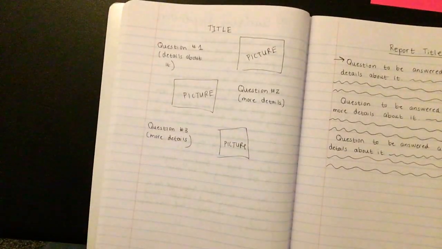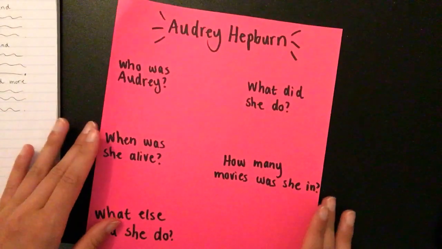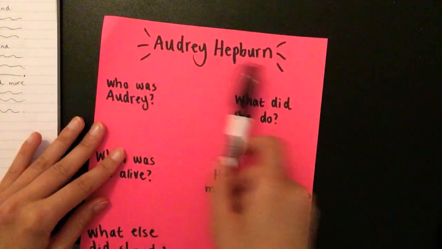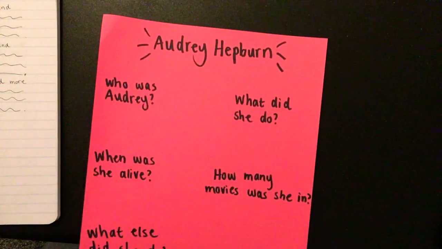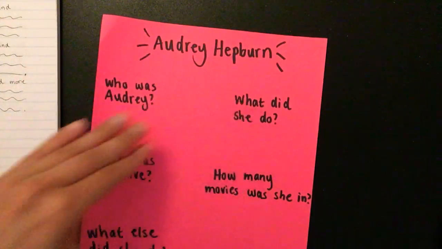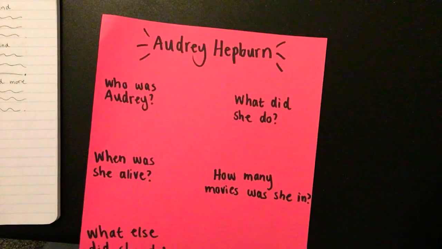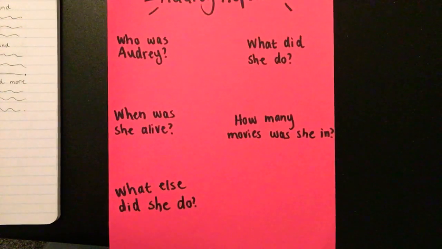It's kind of more like a newspaper article style, and then there will be pictures. So here is my visual display or poster. At the top, I wrote Audrey Hepburn because that's the title, that's who it's about. And then I wrote my questions that I answered during my research. I scattered them around the page. Now underneath them, I'm going to include the details.